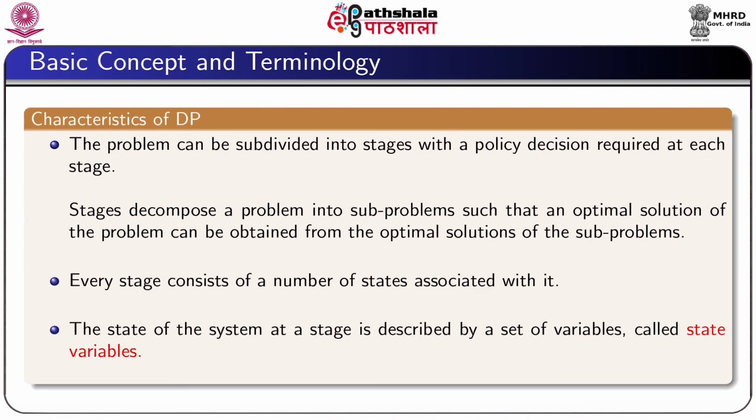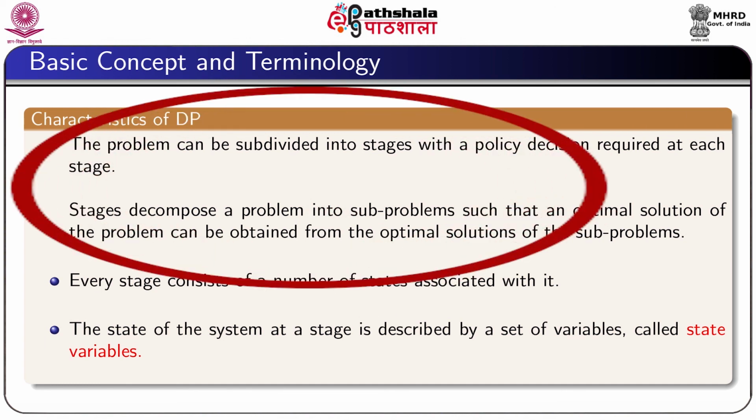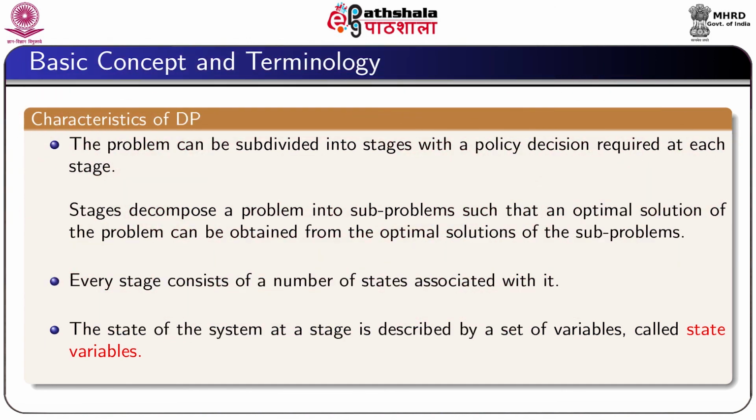Now, we will explain the characteristics of dynamic programming, that is the basic features which characterize the dynamic programming problem, and those are given below. The problem can be subdivided into stages with a policy decision required at each stage. Stages decompose a problem into subproblems such that an optimal solution of the problem can be obtained from the optimal solutions of the subproblems.